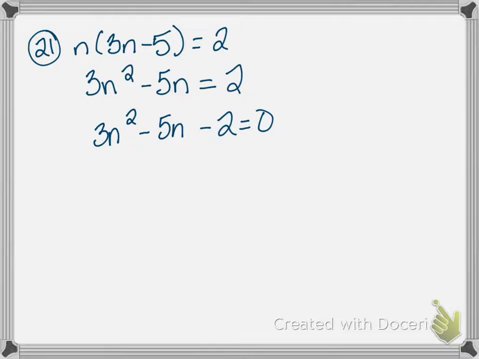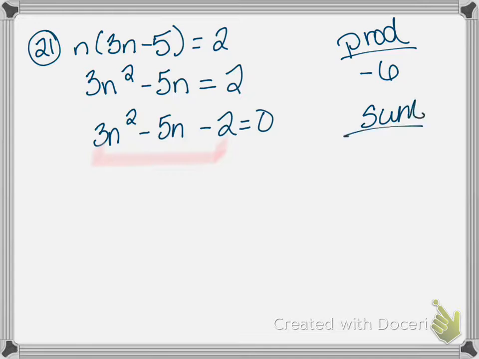Our a value is not 1, so in order to get our product, we have to multiply these two together. So 3 times negative 2, so my product is going to be negative 6. And because my product is negative, that means one number is going to be positive and one number is going to be negative. My sum here is negative 5.